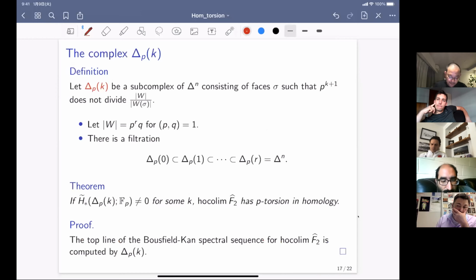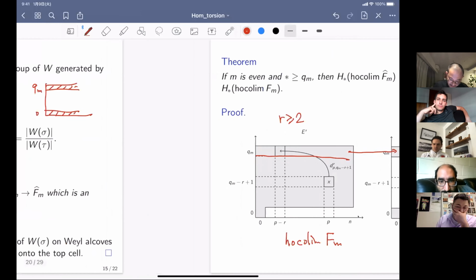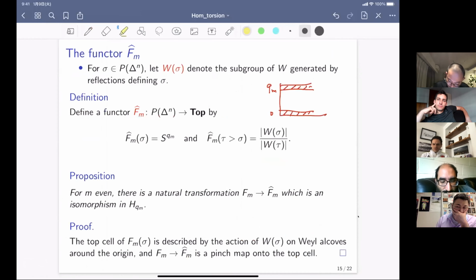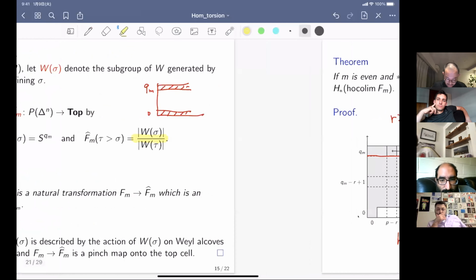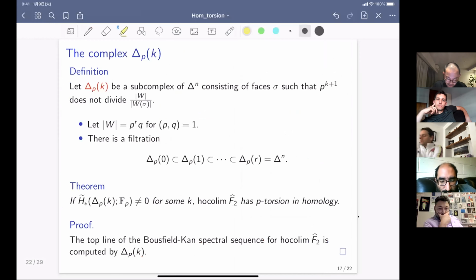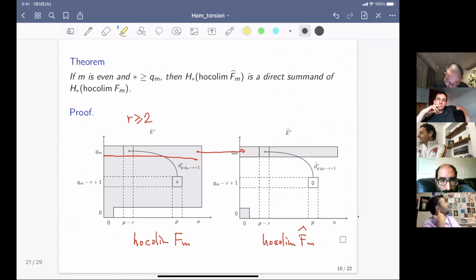This definition comes from the definition of F_m hat here. Then actually this complex computes some p-torsion in homology of this top line.